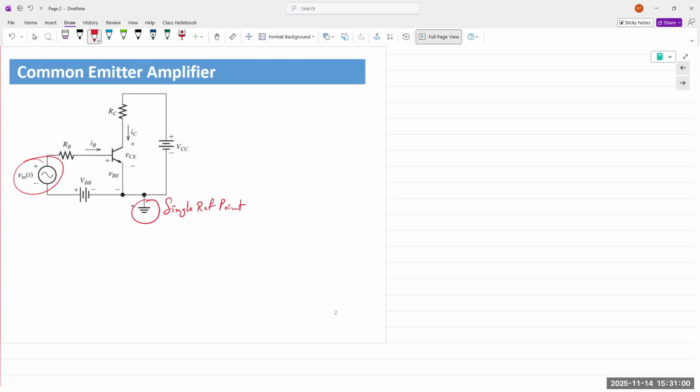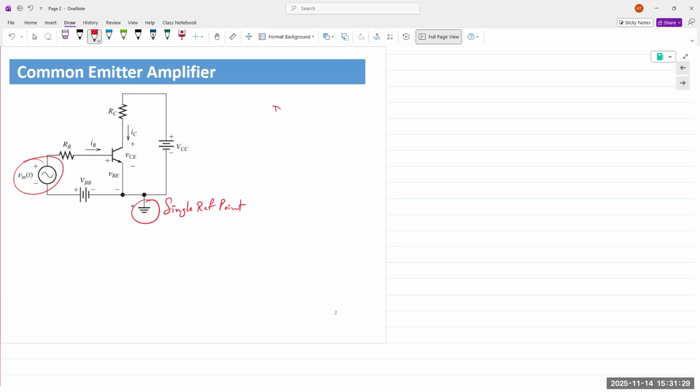Sometimes we might have an emitter resistor in there, which would be known as the emitter bias. And if you have two base resistors, that would be a voltage divider bias. So the DC voltages are setting up the Q point. They are setting up the bias. And if you want this to work as an amplifier, that bias must set the Q point to operate in the active region.